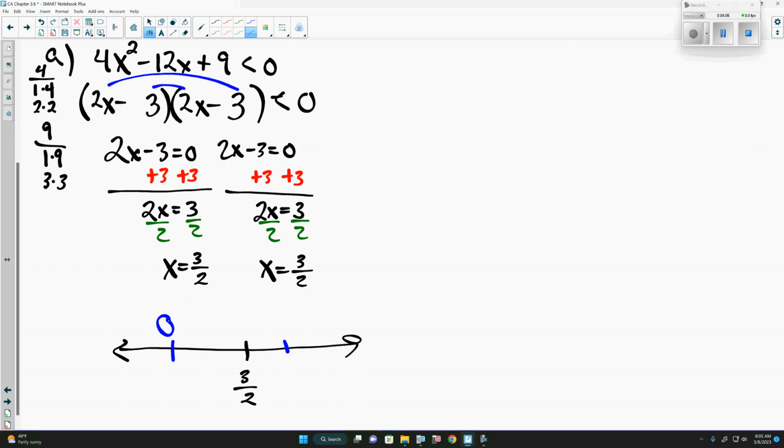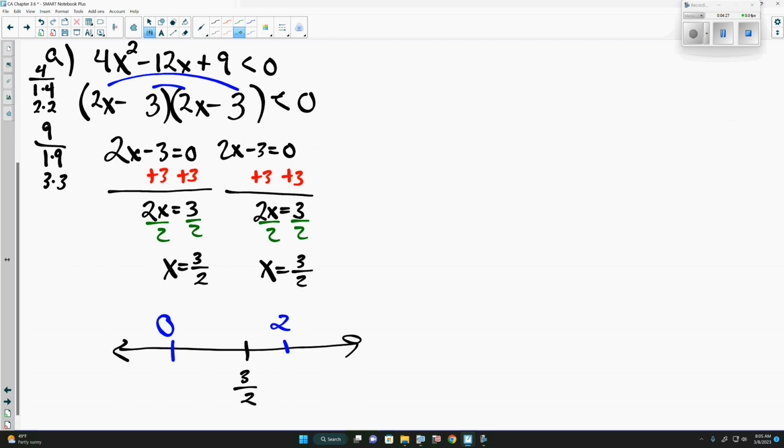Especially when we're checking things in higher degree polynomials, 0 is a very nice number. And we need a number bigger than 3 halves, and we can just pick any number we want. So we can say what? 2. Yeah, doesn't matter. We just need 1. So 0 and 2. And from here, we will just check them.